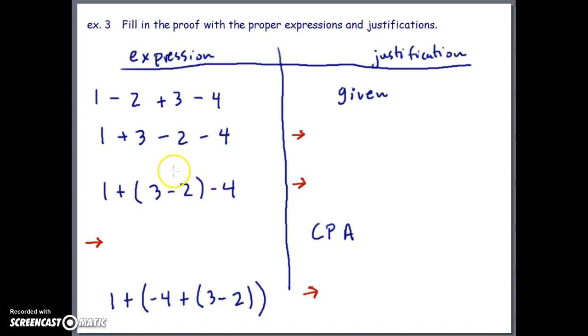Two more examples. Example number 5. Here we now have a larger proof, and in addition, we're now combining multiple properties. So now we've got both the commutative property of addition in play and the associative property. The first step is to identify the number of terms, the original amount.